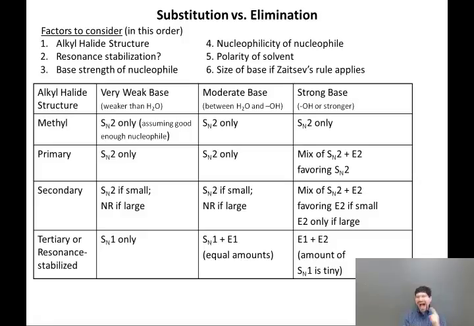Elimination can go by either the E1 or the E2 mechanism, and in order for substitution to take place, you are committed to going through the carbocation mechanism. And then furthermore, if you have a tertiary, there are going to be a lot more beta hydrogens for the base to pluck off and do elimination. So statistically speaking, it is much more likely that you're going to get an elimination product.